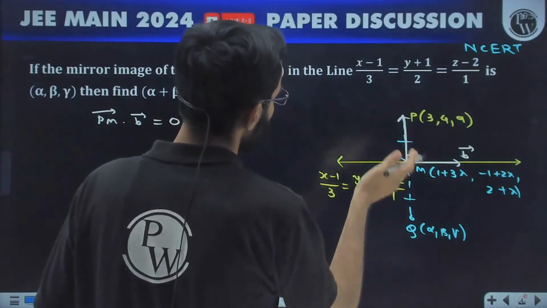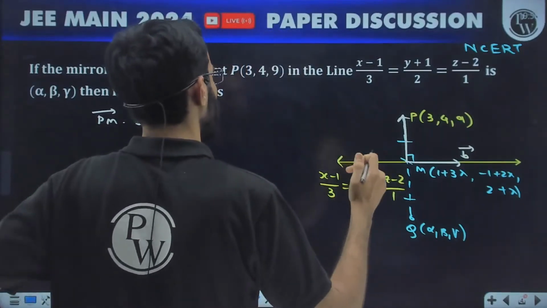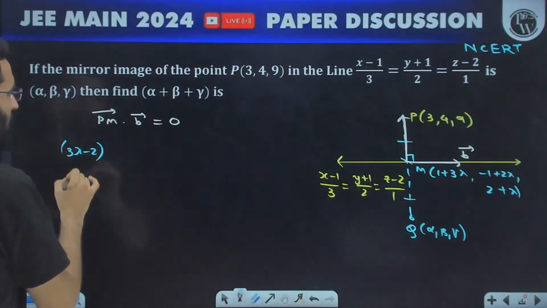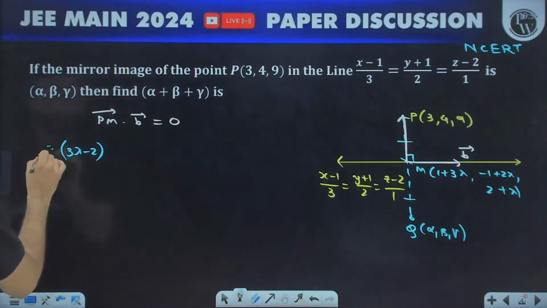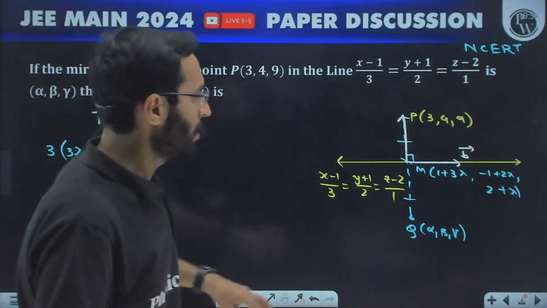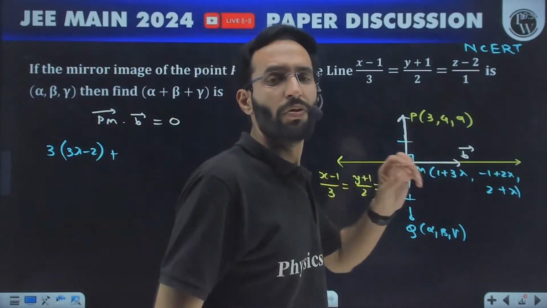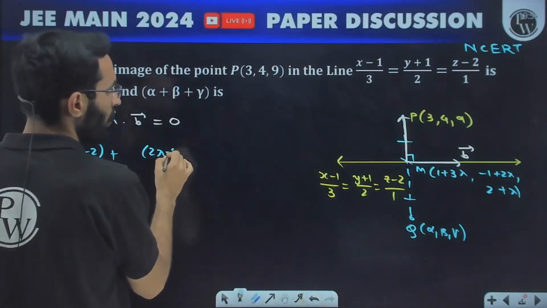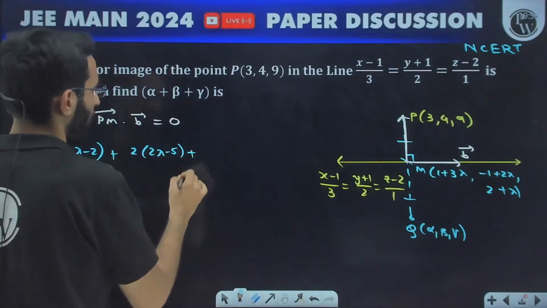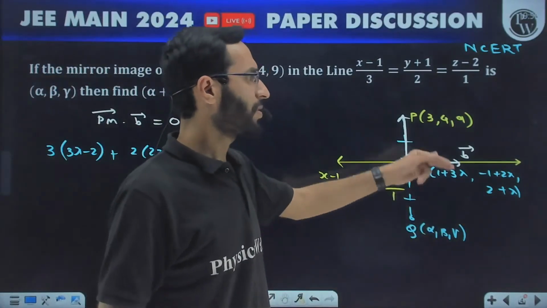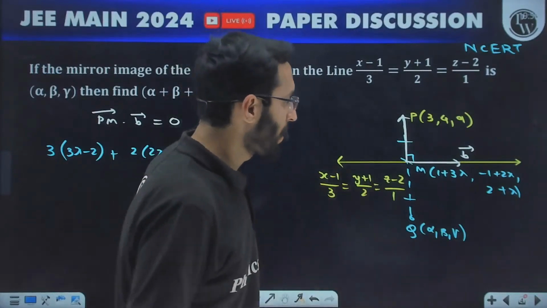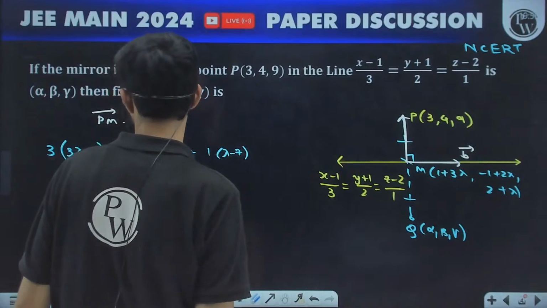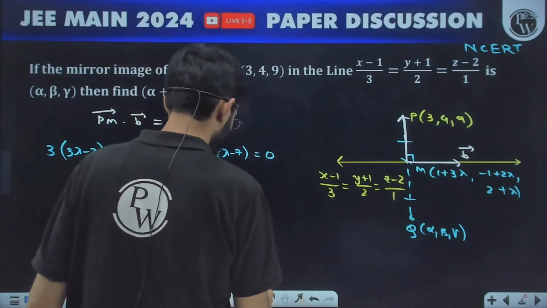Vector PM: 1 plus 3 lambda minus 3, so 1 minus 3 will give you 3 lambda minus 2, and we take its coefficient as 3. Then 2 lambda minus 1 minus 4 will give us 2 lambda minus 5, with coefficient 2. Then lambda plus 2 minus 9, 2 minus 9 will give minus 7, that will be lambda minus 7, with coefficient 1. Let us take this as 0.